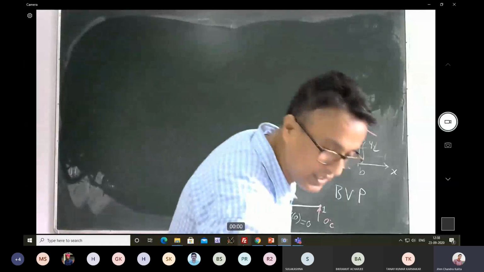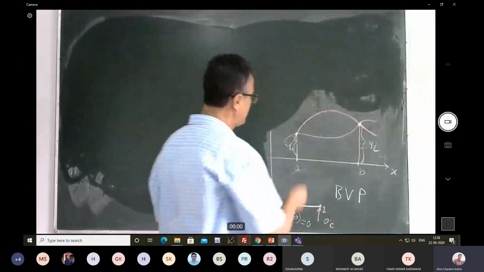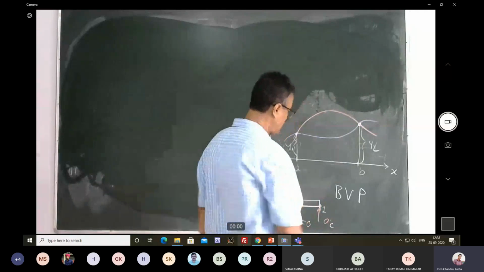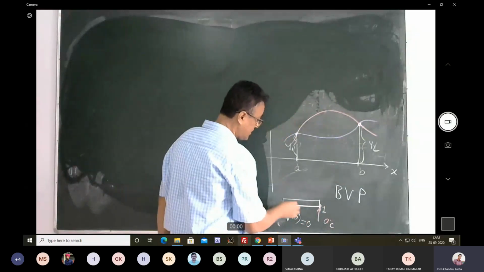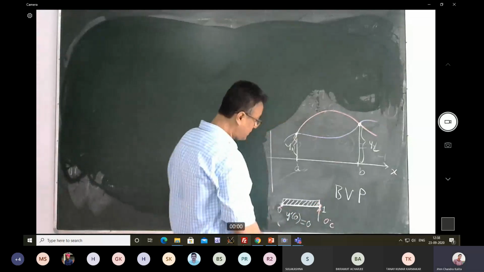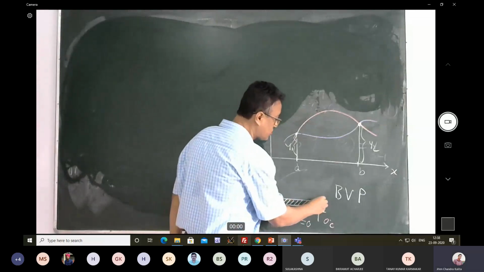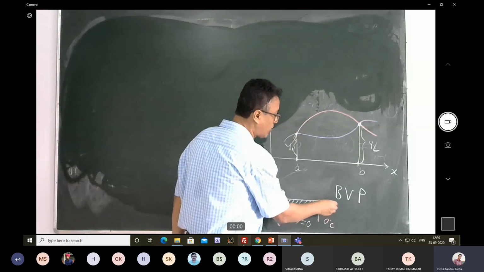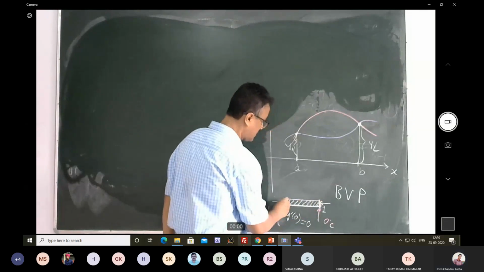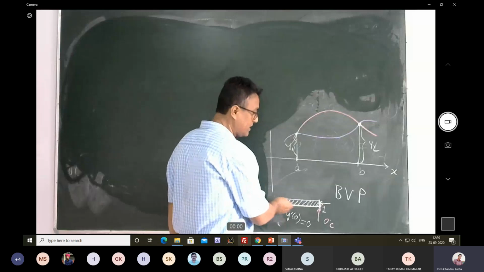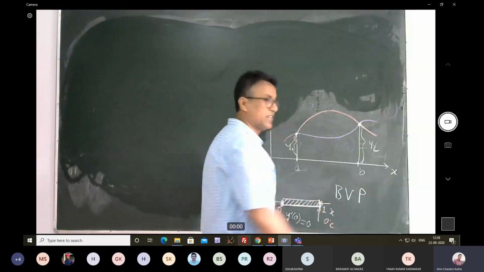So in that case, what is going to happen? Suppose the iron bar is like this. If I consider these two ends, the direction normal to these ends is always where the arrowheads are, so basically it is simply the x direction.